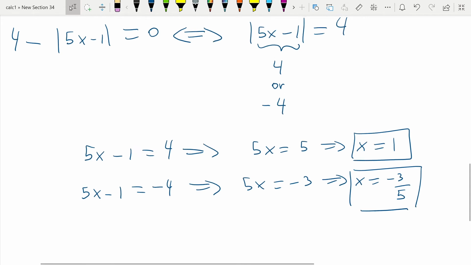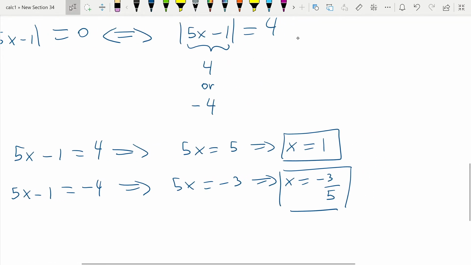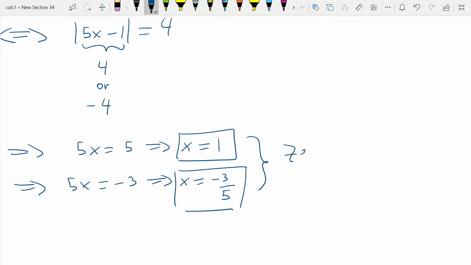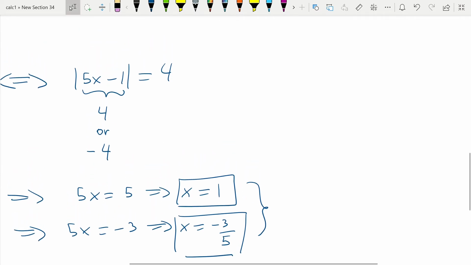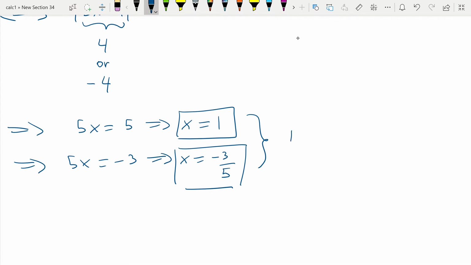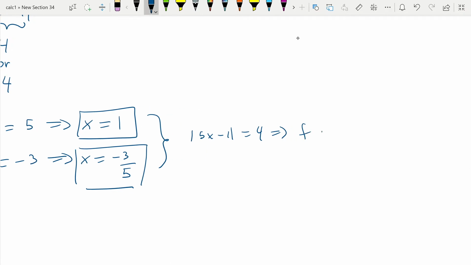So we found the zeros. These are the zeros of the denominator. And so for these values, 5x minus 1 is equal to 4, which implies that f is discontinuous at these points.